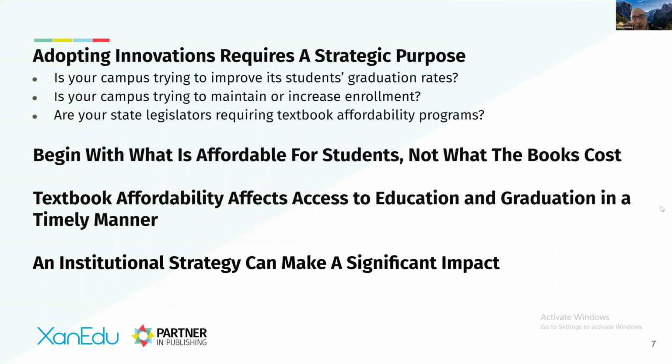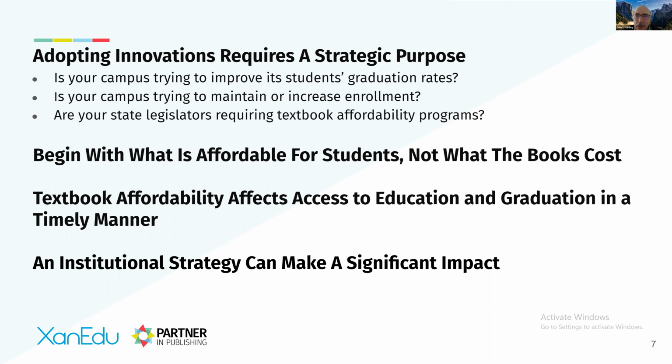So we're going to start off when you're thinking about if you at your institution would like to implement affordable learning solutions, that is, looking at how you can reduce the cost of educational content and make it not just affordable, but learning solutions that enable students to succeed.